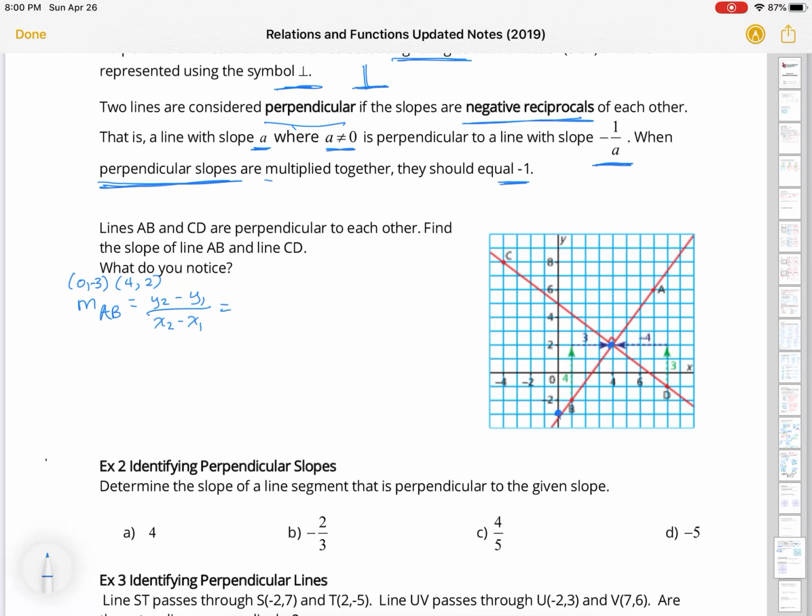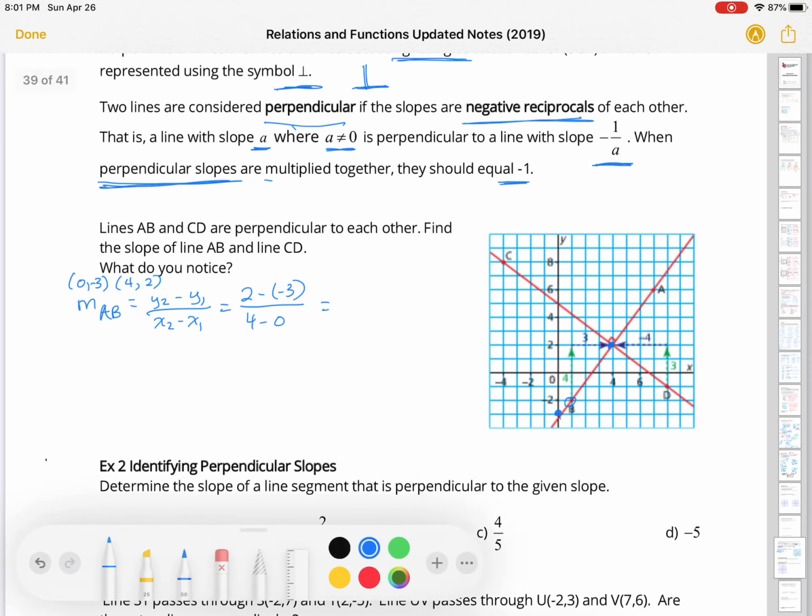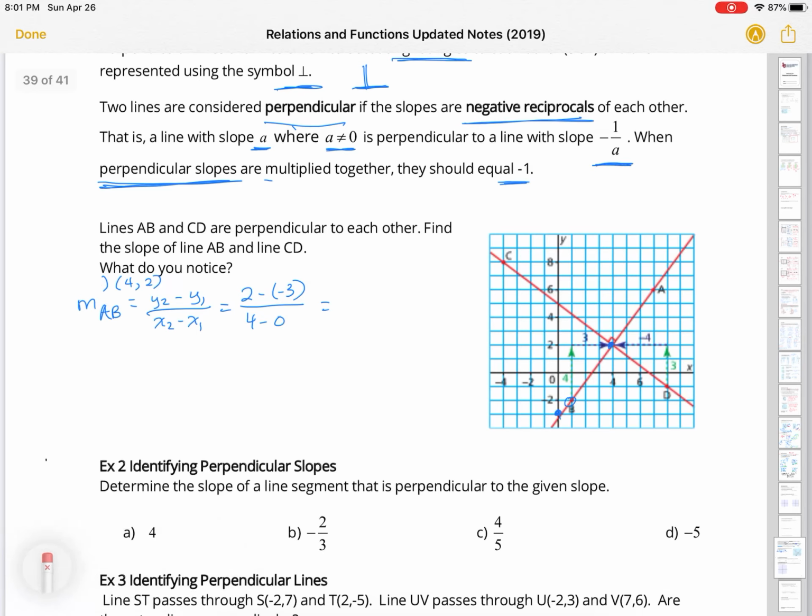So again, it's y2 minus y1 over x2 minus x1, which is 2 minus negative 3 over 4 minus 0. Did I do that wrong? Oh wait, I should use this point here.